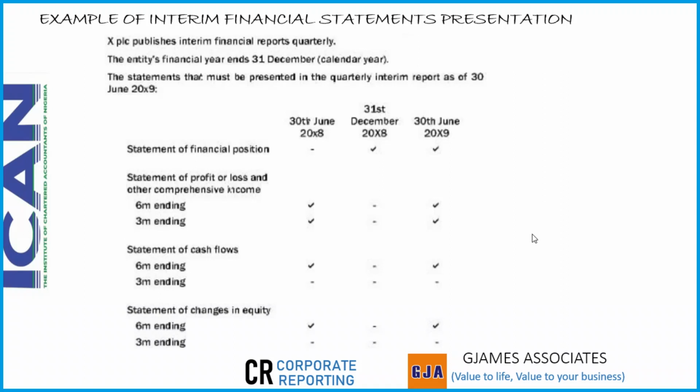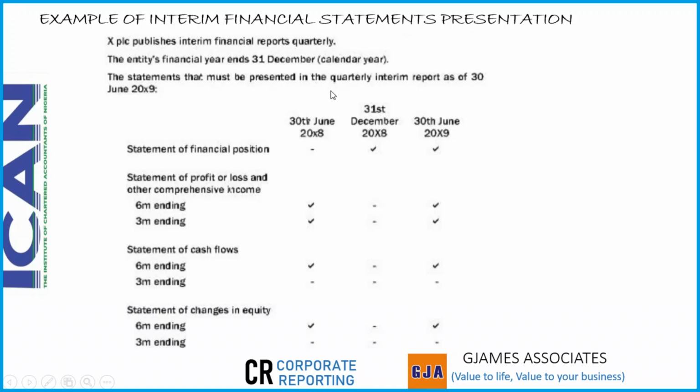So we must ensure we show the comparative for last year, which is this. This is the interim we are reporting. This is the comparative we are reporting, and this is the annual account as per last year that we are showing.